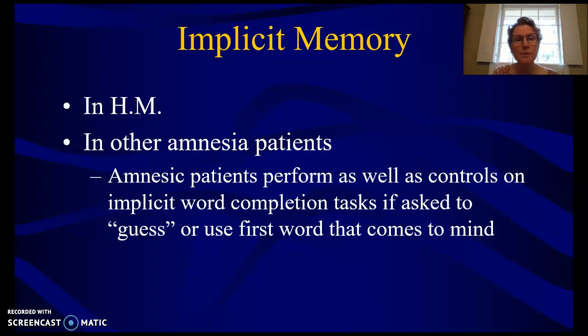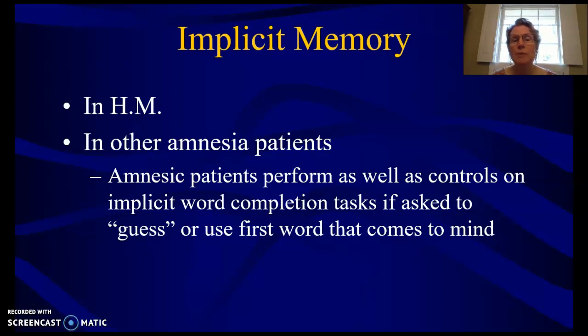And they found similar things in other patients with amnesia, that amnesic patients perform as well as controls on a word completion task. They'll take a word like house and put a dash in place of some of the letters and you have to try to complete it.